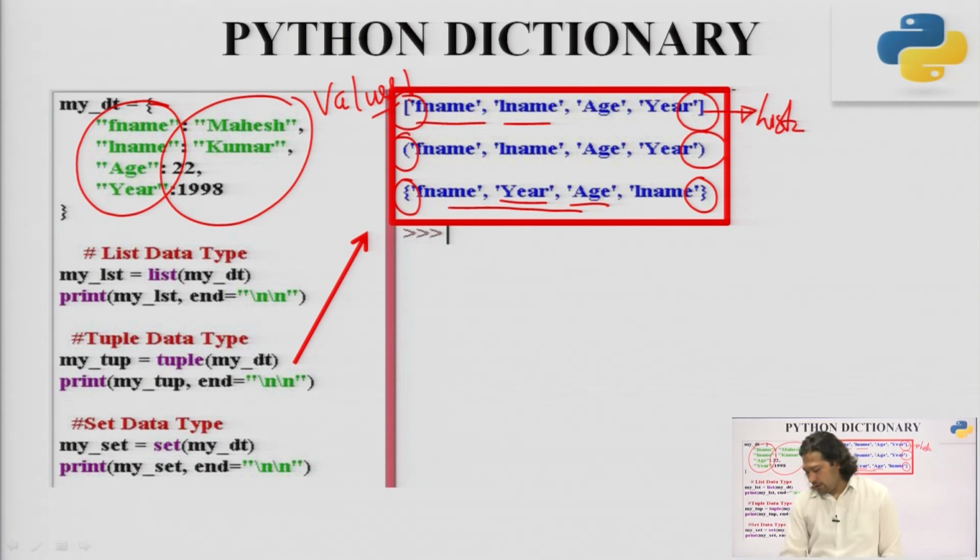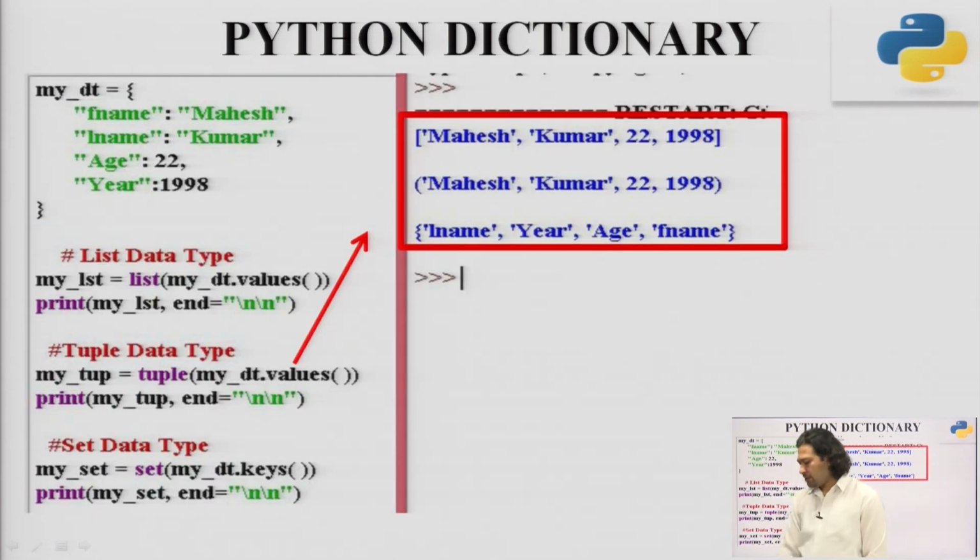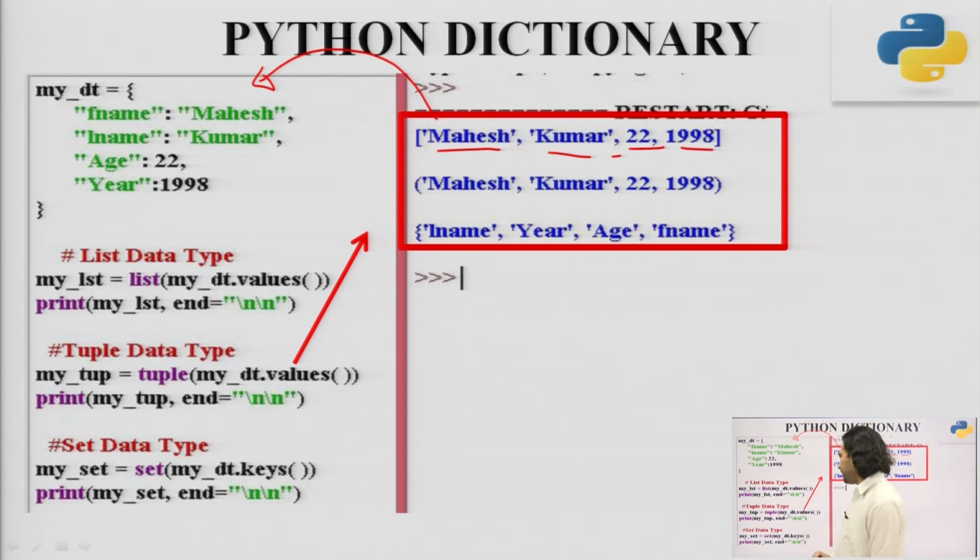Yes, it is possible by using a method. What method? This values method. With the help of this values method, you can see the output is totally changed in our favor. That means right now we have formed a list, but instead of the key elements we have used the values of the respective keys. You can see here Mahesh Kumar 22 1998; it is referring to the values related to the respective keys.